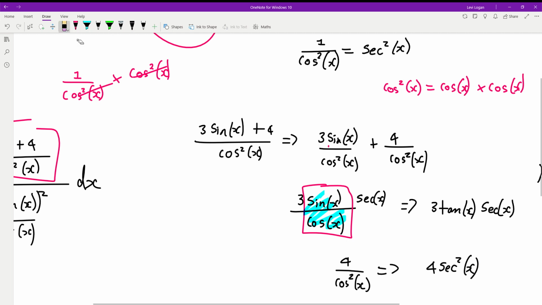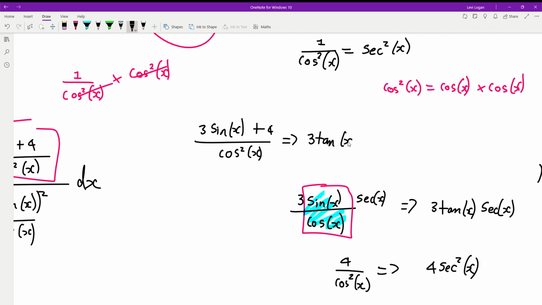So basically this entire trigonometric statement just turns into 3 tan x sec x plus 4 sec squared x. Now you're probably wondering, why did I do that? Well, we're going to do some stuff down here as well, and something very nice is going to happen.